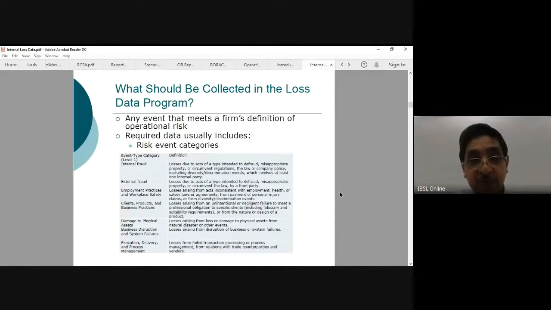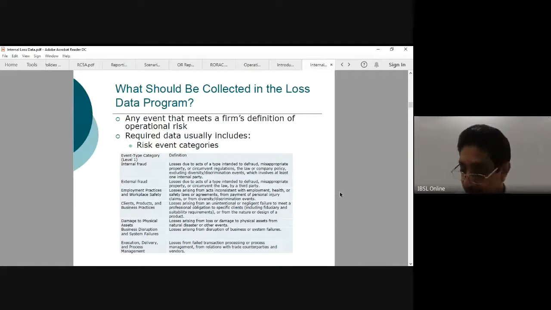Right now you can just see the indication, in a loss data collection program, what type of data you are going to collect and what should be collected. Any event that meets a firm's definition of operational risk.